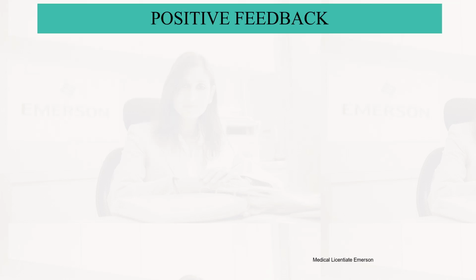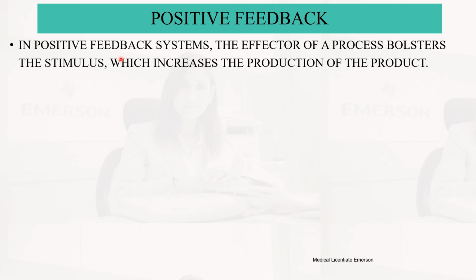So now let's dive into what specifically positive feedback is. In positive feedback systems, the effector of a process bolsters the stimulus, which increases the production of the product. That is positive feedback.